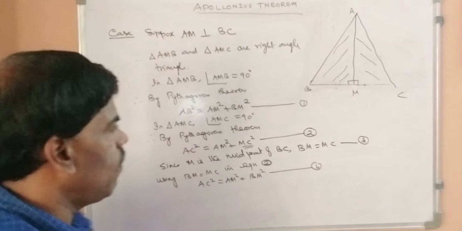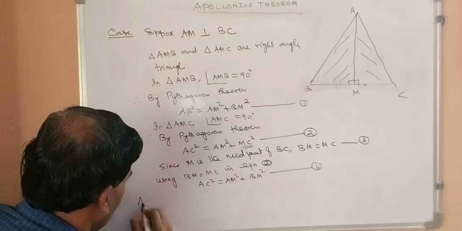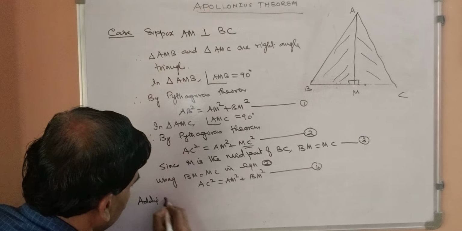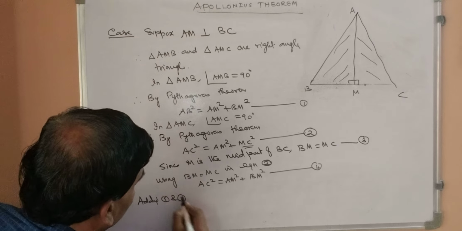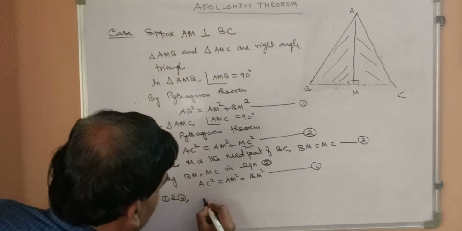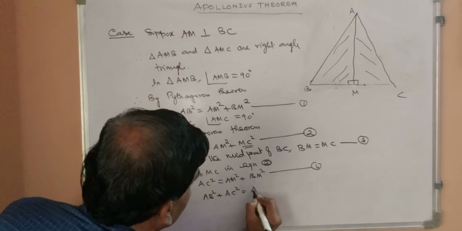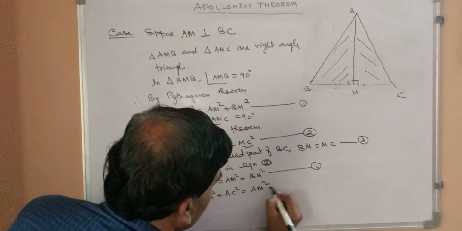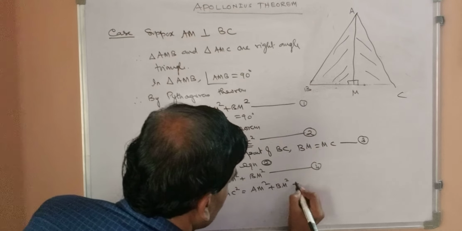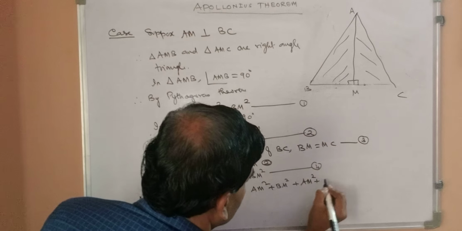Now, as usual, we will add these two equations, adding 1 and 4. Left hand side with left hand side. AB square plus AC square equal to AM square plus BM square plus AM square plus BM square.